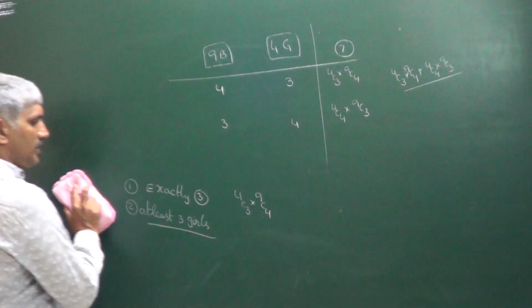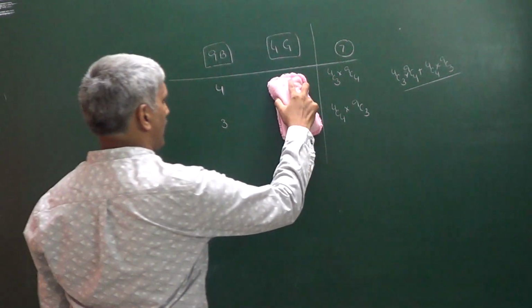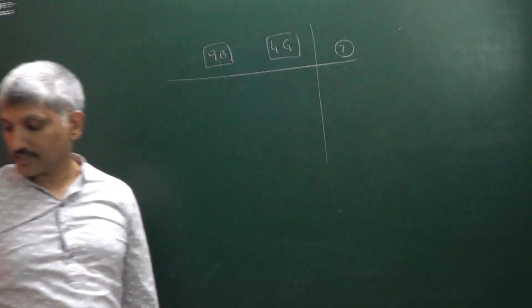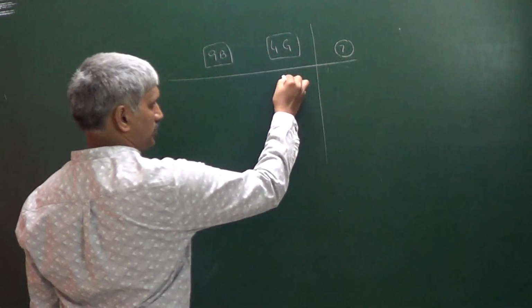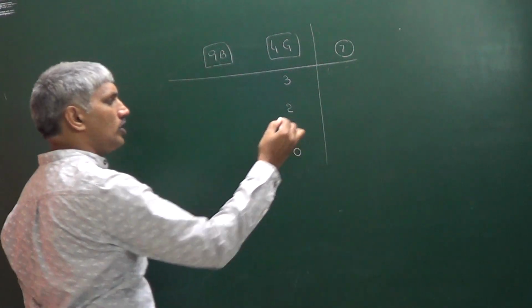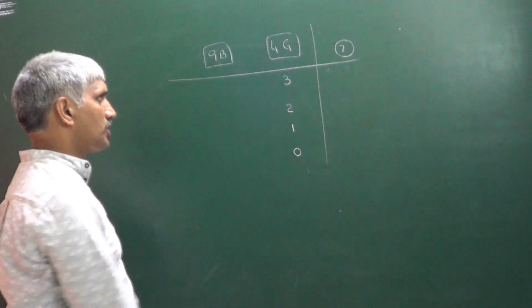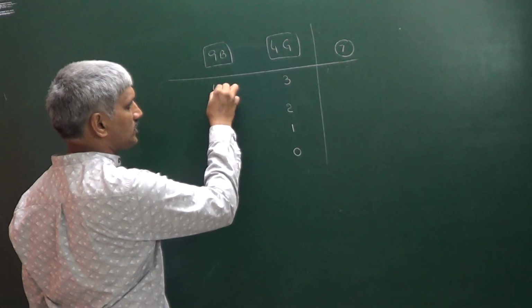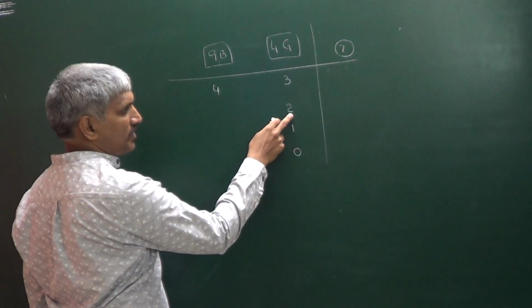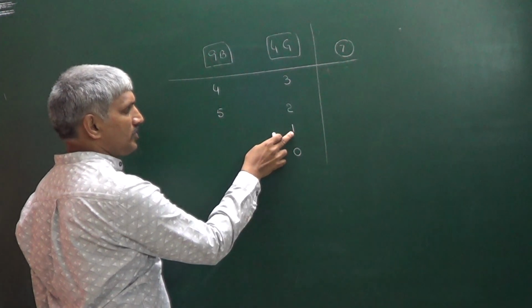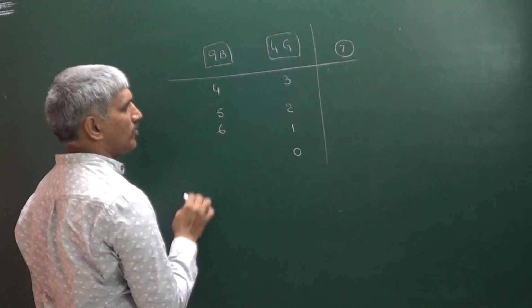Next it is saying at most 3 girls in the committee. Maximum 3 girls. That means maybe 3 girls in the committee, maybe 2 girls, maybe 1 girl, or no girl in the committee. 3 girls means the remaining 4 we have to select from boys. 2 girls means the remaining 5 from boys. 1 girl means the remaining 6 from the boys.